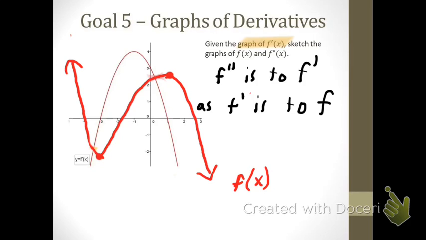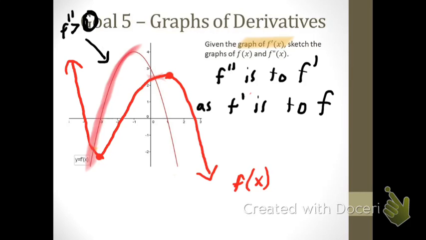So, wherever the graph of f prime of x, the first derivative, is increasing, which you see is right there, what that's going to tell you is that the second derivative is going to be positive there, because the first derivative is increasing over that interval. Hopefully you can see that 0 there. Since the first derivative is increasing, the second derivative must be positive.